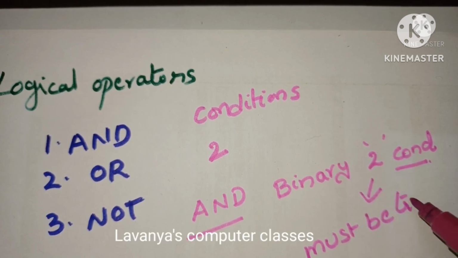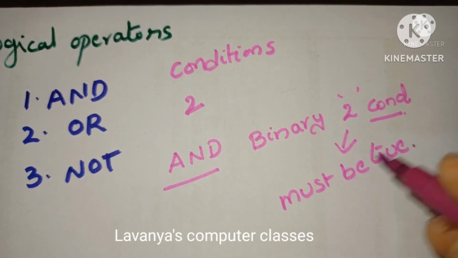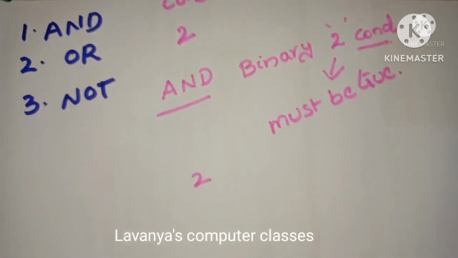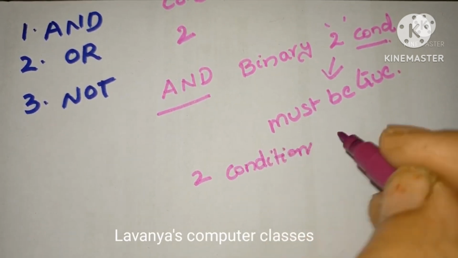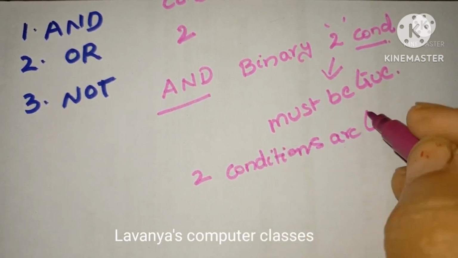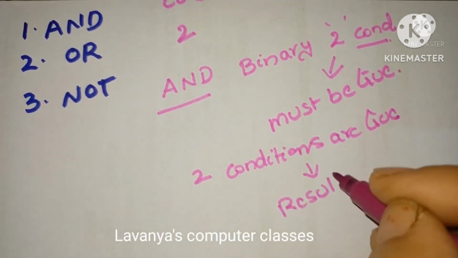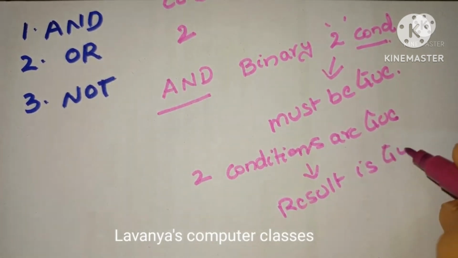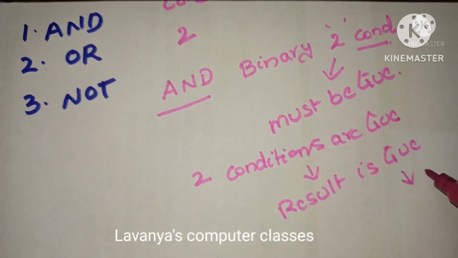If the two conditions are true, then only the total result is true. If any one condition is false, the total result is false.